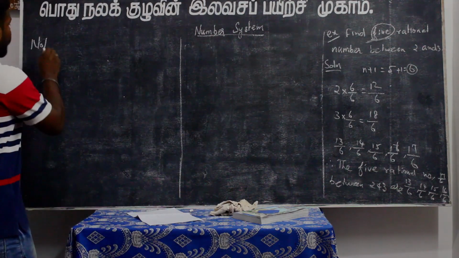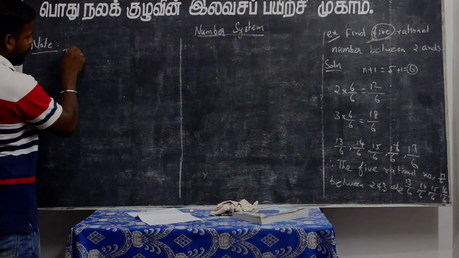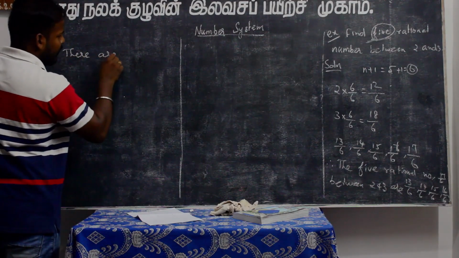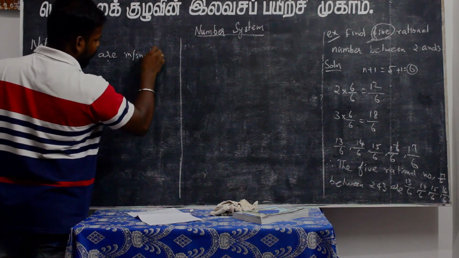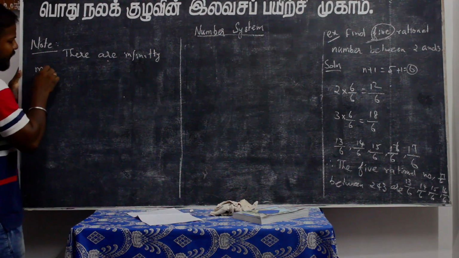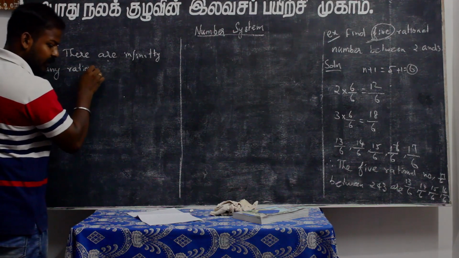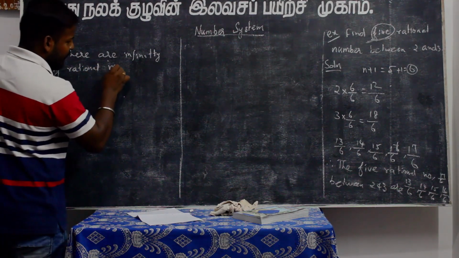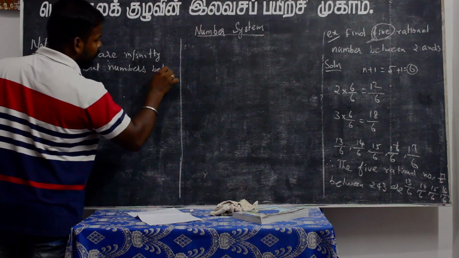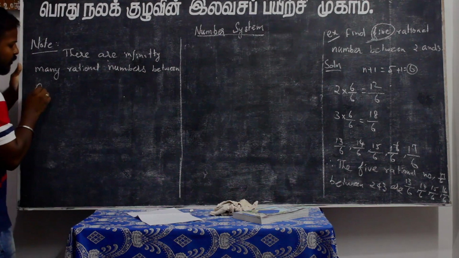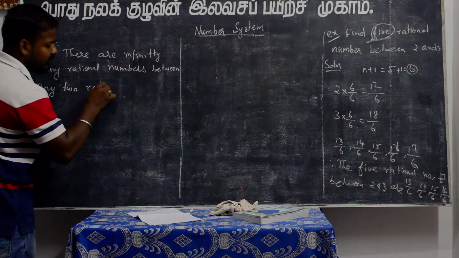So you can take one note: there are infinitely many rational numbers between any two rational numbers.